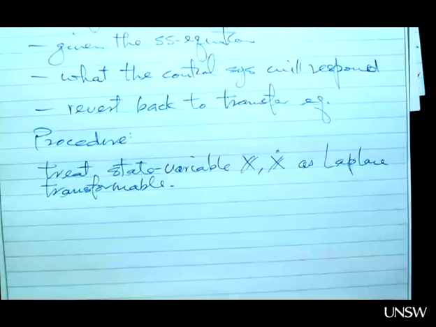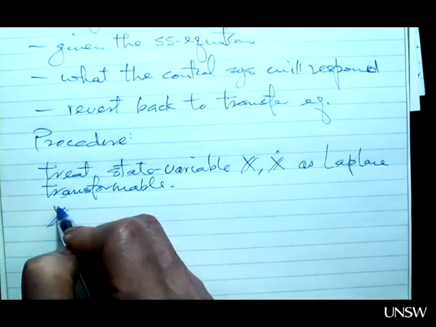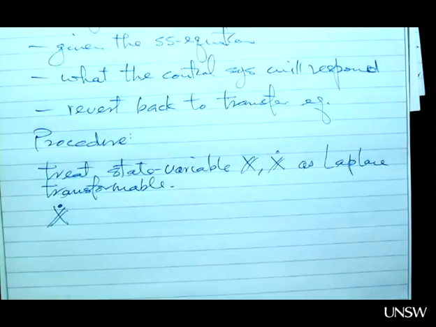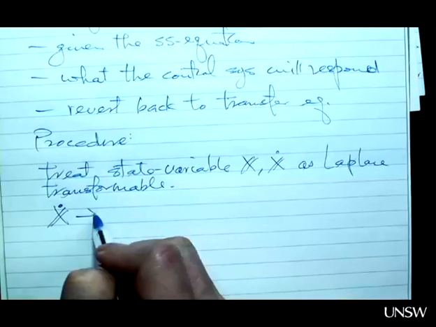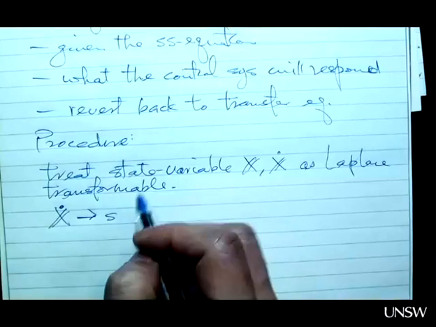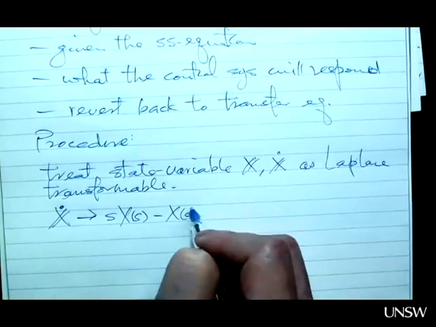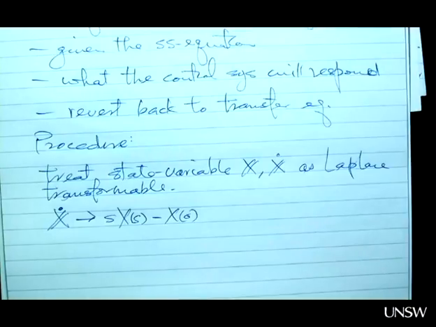Then we go back to the Laplace transform of the state x differentiated against time. If you look back to your Laplace transform table, the differentiation is a multiplication with the s variable and then subtracting the initial condition.